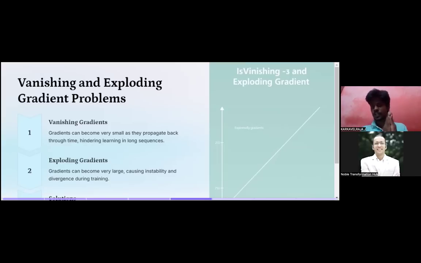Today's session is a continuation of the previous session, that is RNN, recurrent neural network. We have completed playing with data, machine learning, and the basic structures of deep learning.